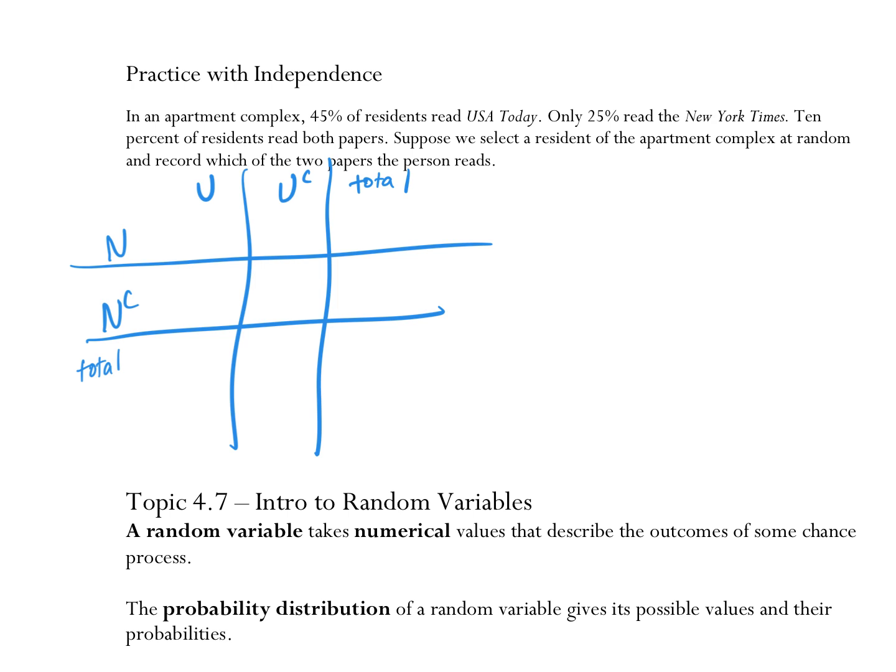Read the New York Times. So that would be my total for the New York Times. What does that mean the total for not reading the New York Times is? 75.